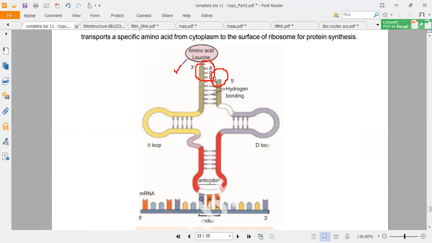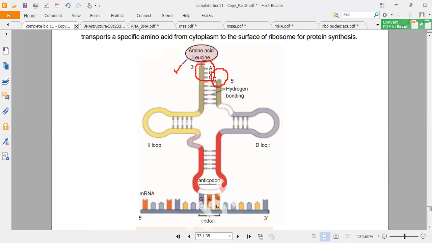So this clover-like structure of transfer RNA has 3 loops. These loops are called the D loop and the theta loop, and in between there is the attachment for the codon on the messenger RNA.